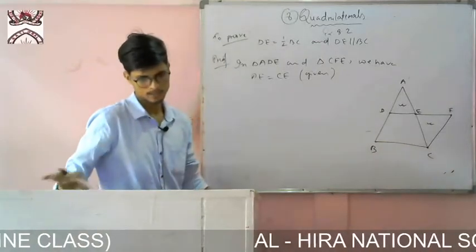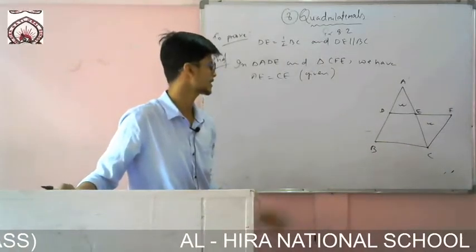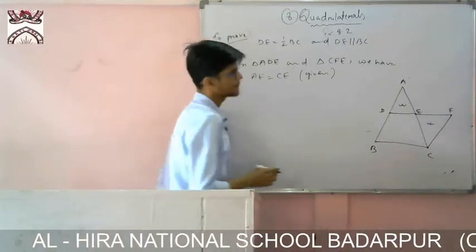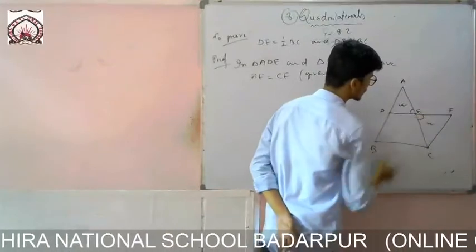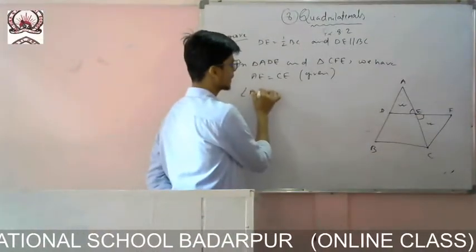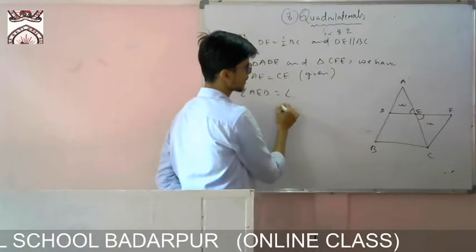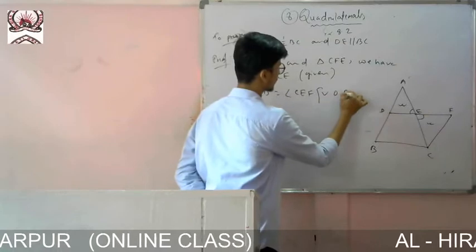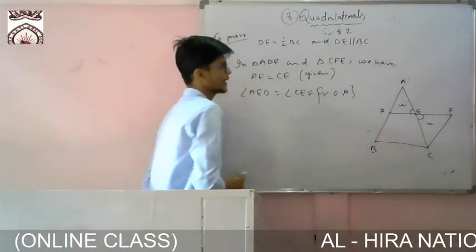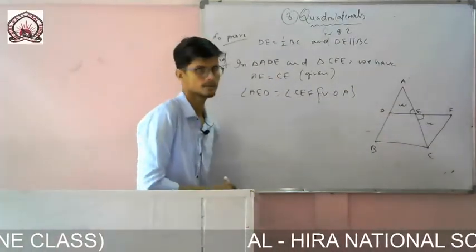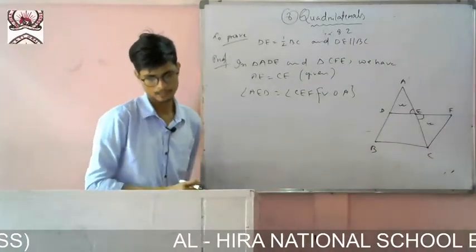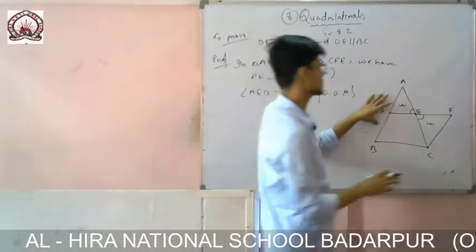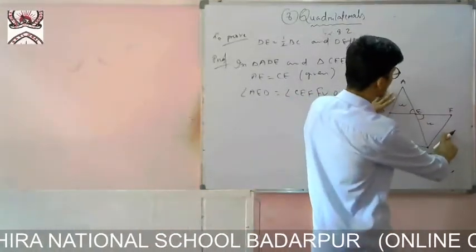It is given in the question that D and E are the midpoints. So AE equals CE, and these two angles are vertically opposite angles, angle AED is equal to angle CEF, vertically opposite angles. And one more thing, it is given that this line is parallel to this one.